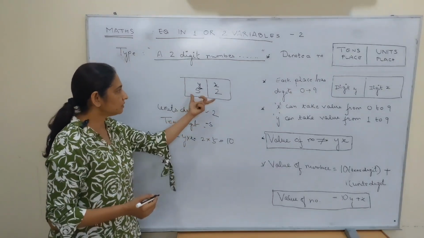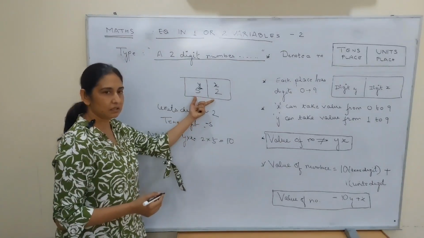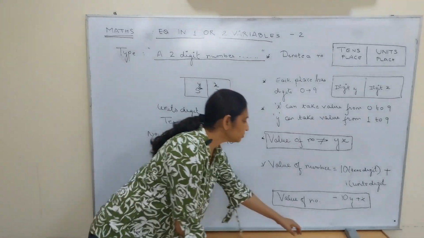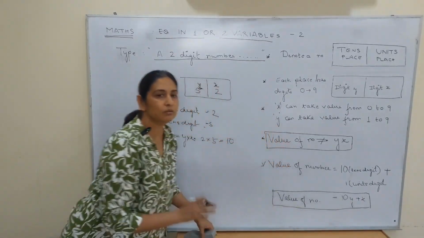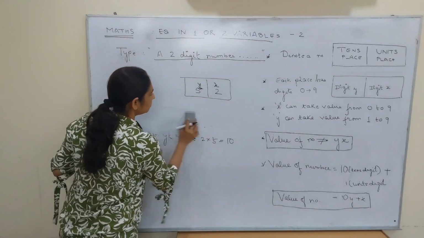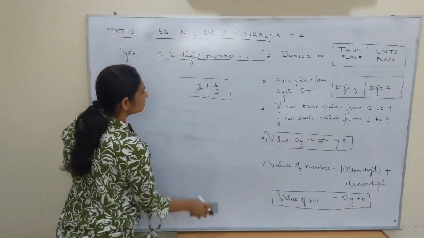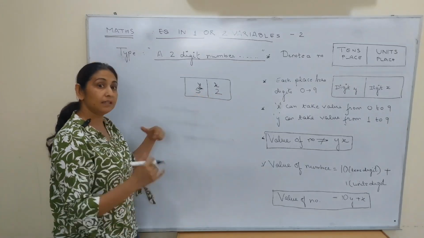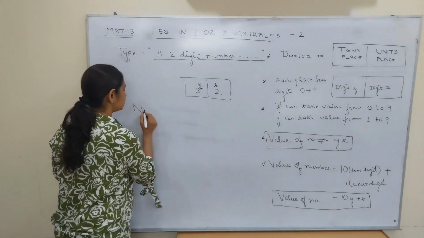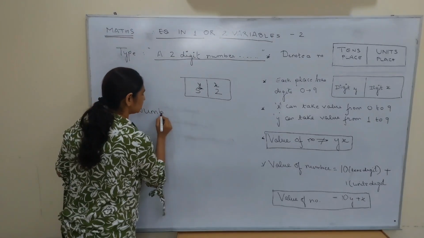But the number doesn't look like 10. Is it 10? No. So this is not correct, and this is what everybody tends to do, and that's where everybody goes wrong. So how do you find the number where the digits also remain this and this, and the number also comes 52?